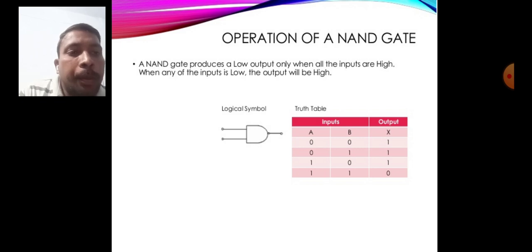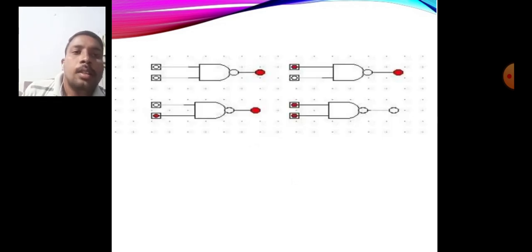And if both inputs are high, the output will be low. Otherwise, if both inputs are low or one is low and one is high, the output will be high. Only when both inputs are high is the output low, that is 0.